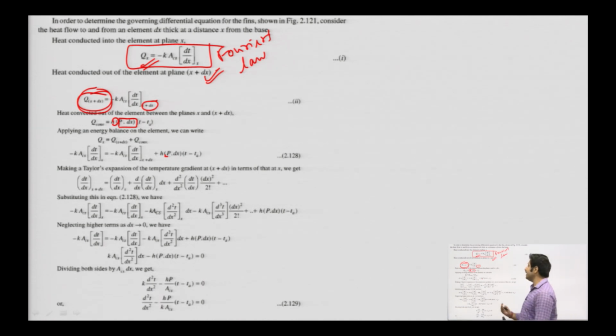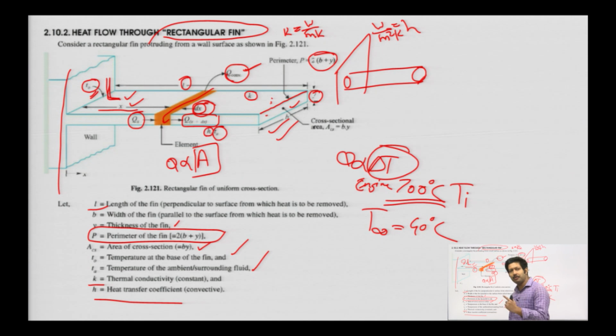Now, applying an energy balance on the element. What do you understand by energy balance? Like a mass balance, what is coming into the system is on one side and what is going out of the system is on the other side. This is my subject element.